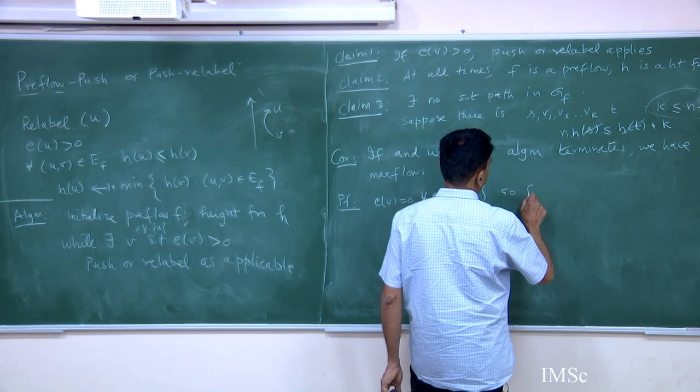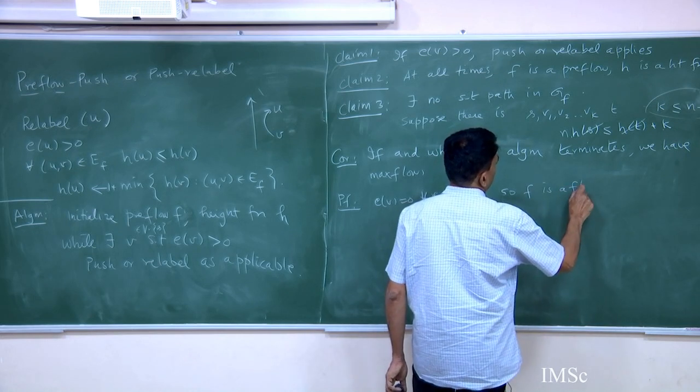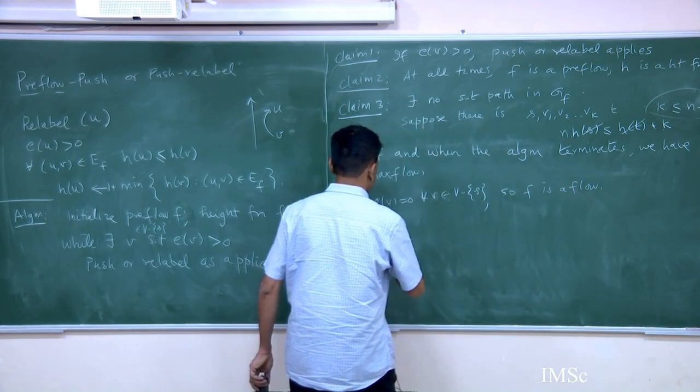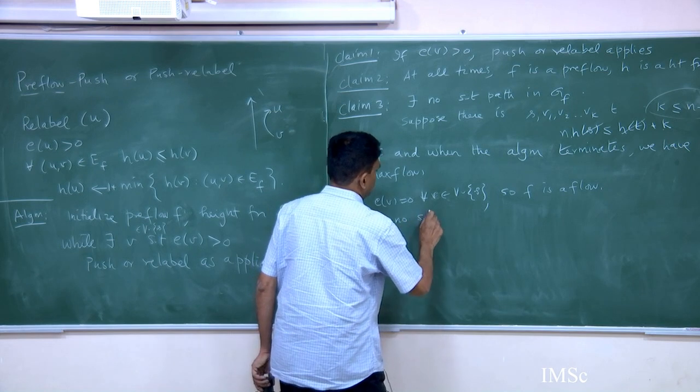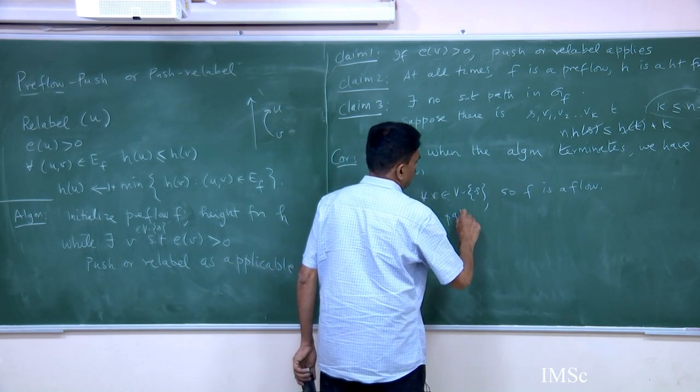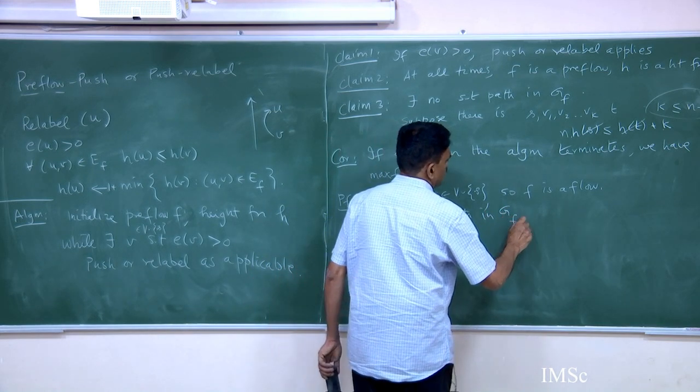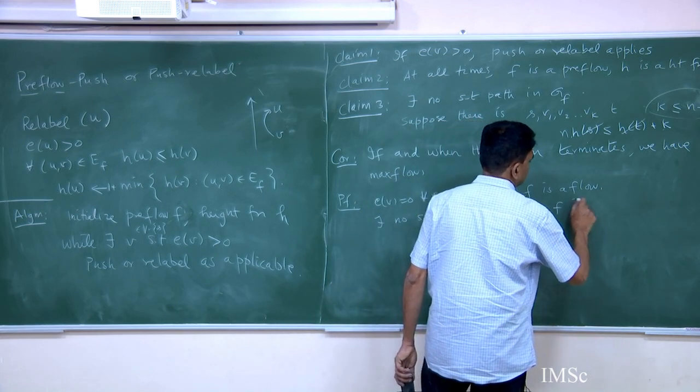So f is a flow, there is no ST path in G_f, so f is a max flow.